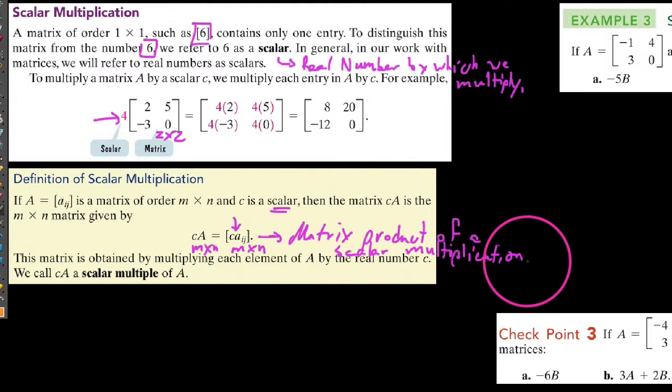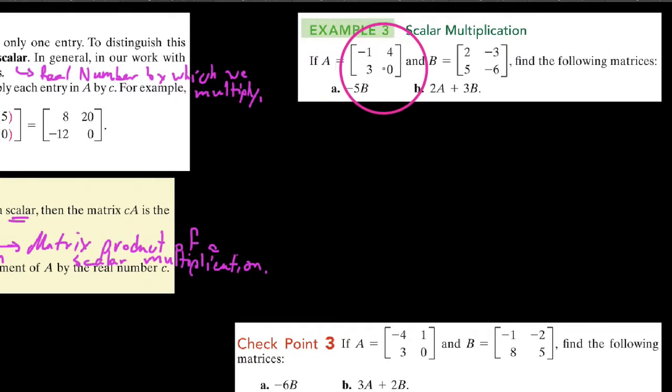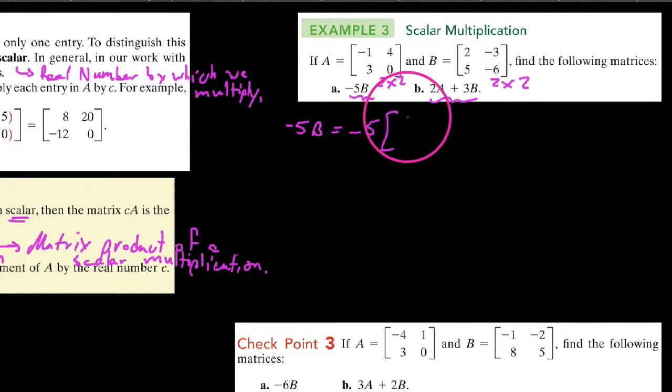As we look at this example here, if A is equal to this 2 by 2 matrix and B is this 2 by 2 matrix, we want to evaluate these matrix expressions. My number one piece of advice would be to go ahead and rewrite the matrix B. Here's our expression, negative 5B, but this is the same thing as negative 5 times the matrix B, which is this 2 by 2 matrix that has 2, negative 3, 5, negative 6.